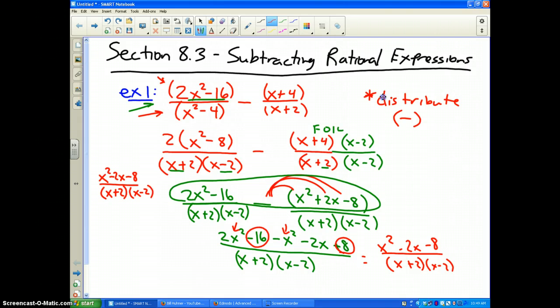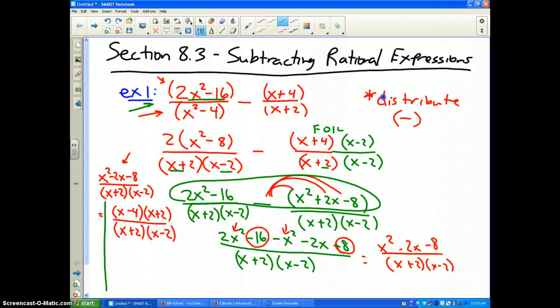At this point in time, can you factor the numerator? And the answer to that is yes. That factors in, this is equal to x minus 4 times x plus 2 over x plus 2 times x minus 2. What numbers can x not be?